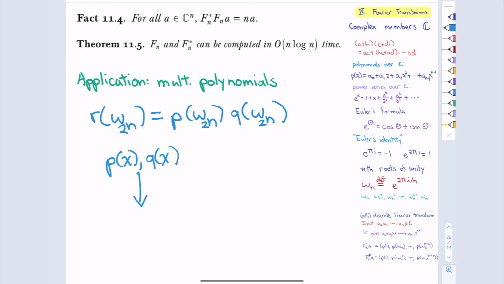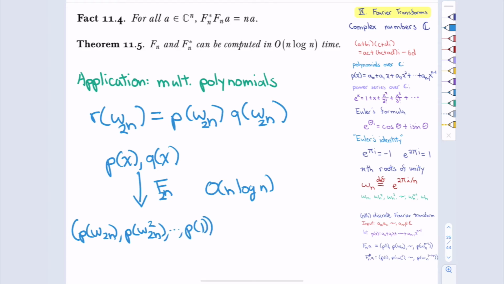Okay? And I'm going to apply that 2nth Fourier transform to each one. Okay, this will take me n log n time. And I'll get all the values at the roots of unity. P of omega 2n, p of omega 2n squared. The last one is 1. I'll also get q of omega 2n, q of omega 2n squared.